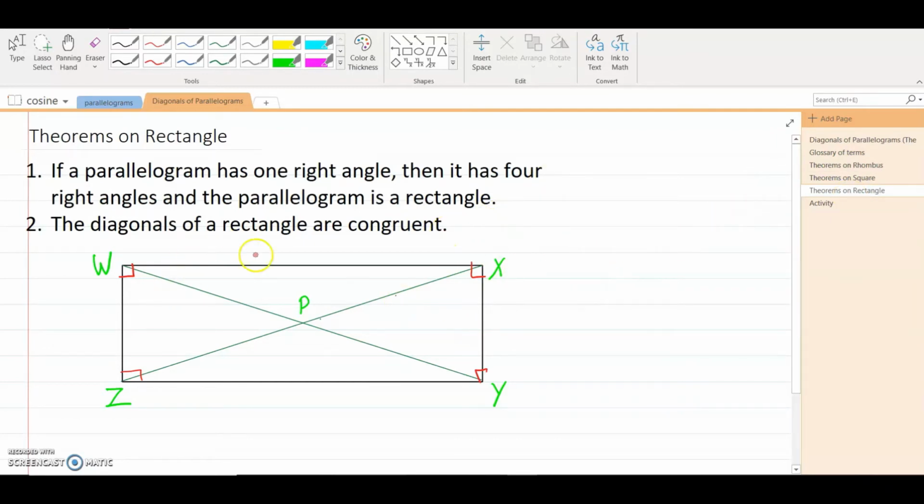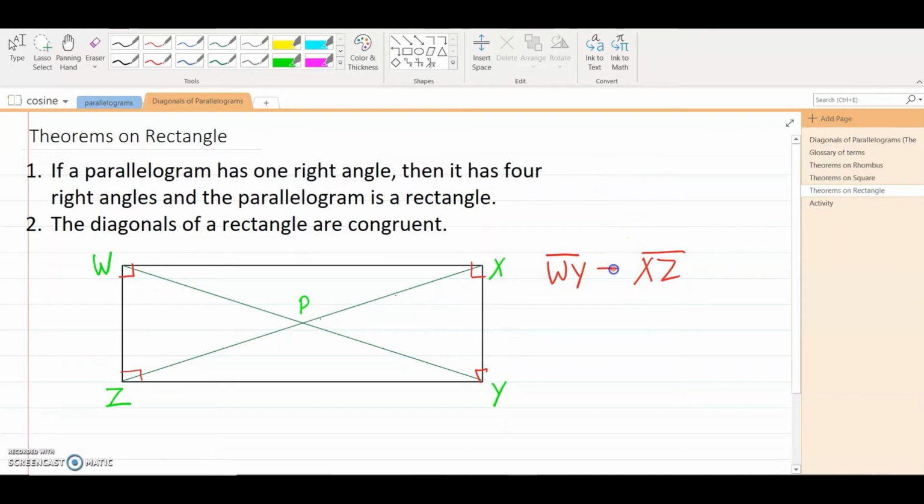And then number 2, the diagonals of a rectangle are congruent. So let us identify the diagonals. So we have WY and XZ. So whatever the length measure of WY is equal to line segment XZ.